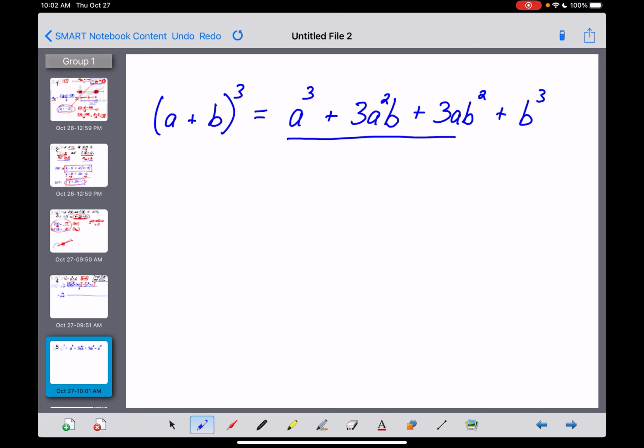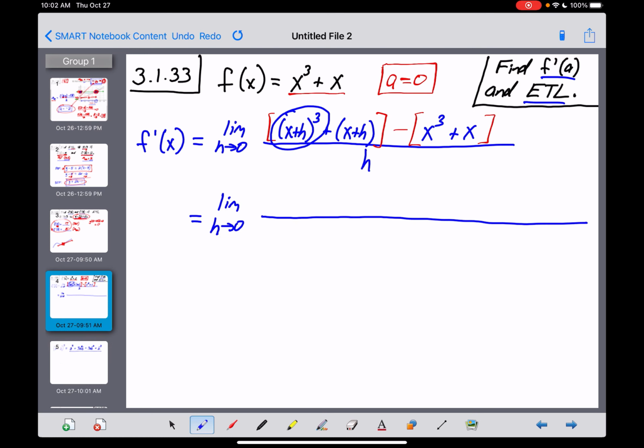So that's the expansion, everybody, of a plus b quantity cubed. Follow some similar patterns to a plus b squared, but obviously it's more complex than that. So doing that, here we go up on the top. We're going to have an x cubed plus a 3x squared h plus a 3xh squared, and then plus an h cubed. That was the hard part.